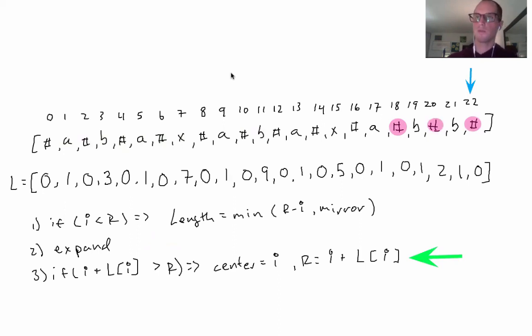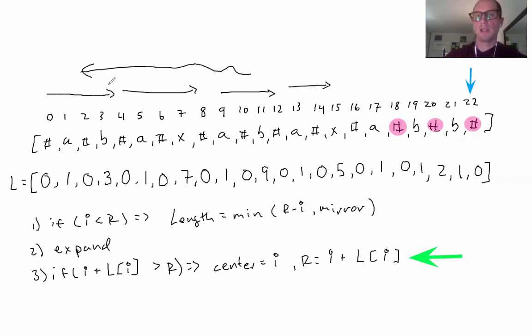So there's one important takeaway that I want you guys to have, and that is, why is this an order n algorithm? Well, the reason is because at each stage we expand right, and we never look back. We just keep expanding right, and we never recalculate anything that we've seen behind us.